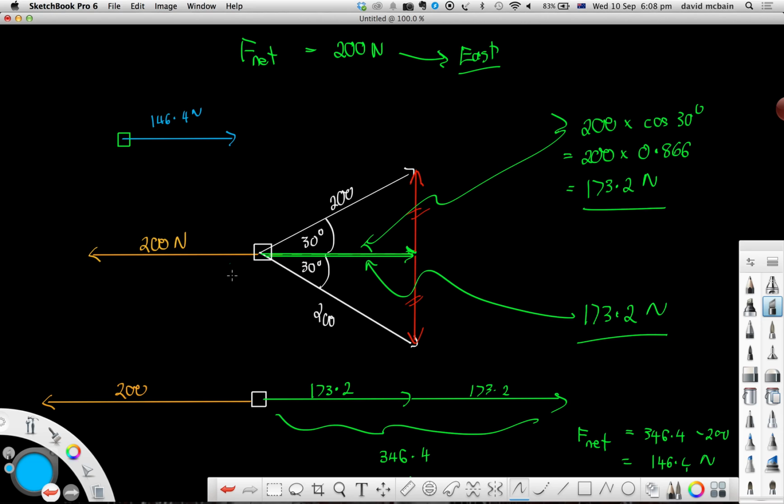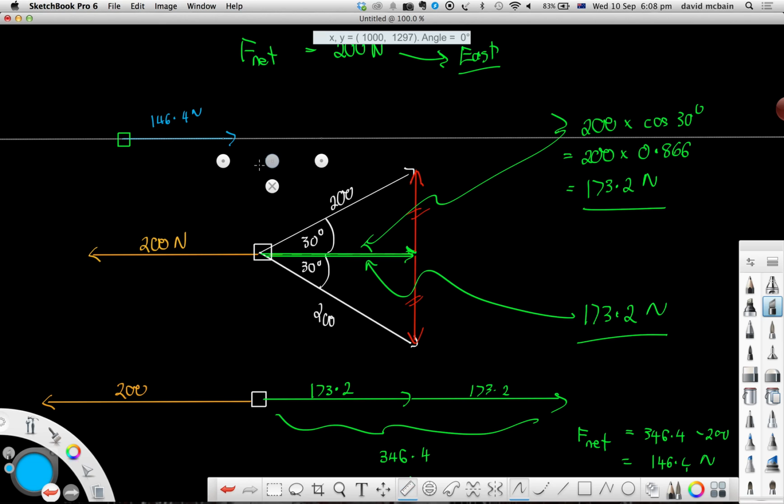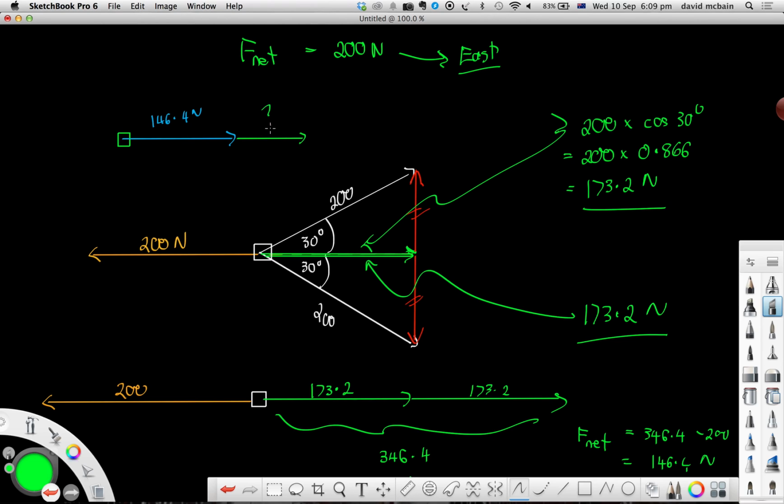All these forces are acting together as if they're producing a total force of 146.4 newtons. So the question is, what do we have to add? What's that unknown amount that we have to add so that the total adds up to 200 newtons to the right or east?